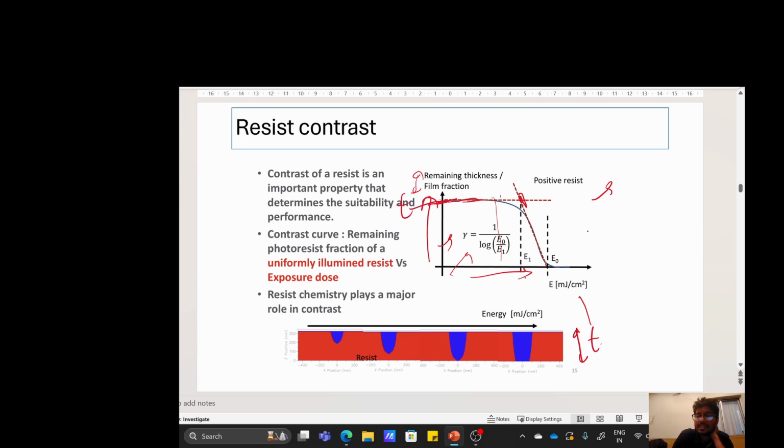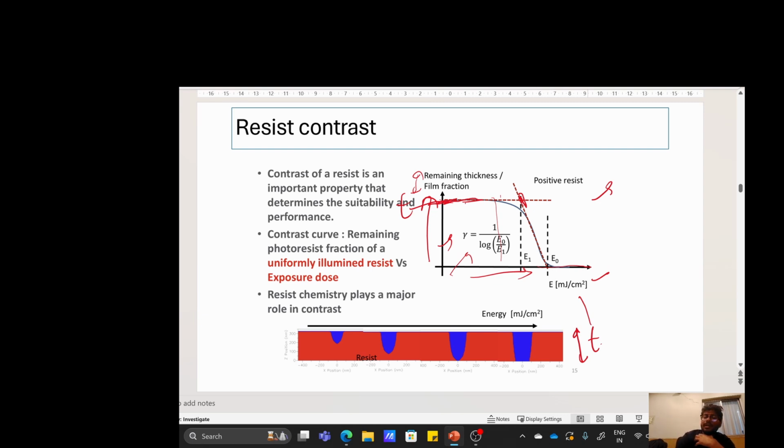So this is the energy of the light that you are giving, like 70 millijoules per centimeter square, 60, 50. Whatever energy is required, that is the millijoule per centimeter square, the energy given. Initially the energy is very less, so it is not able to remove the photoresist at all.